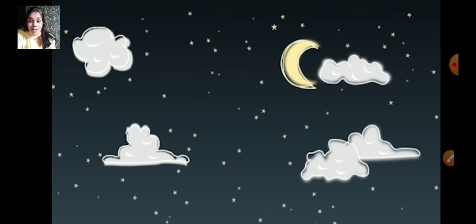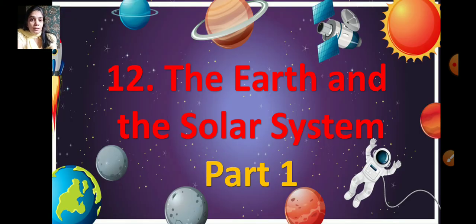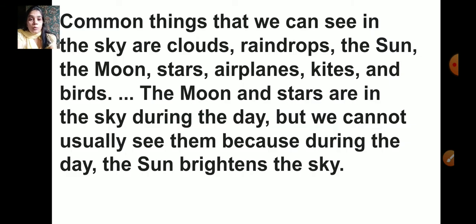Today we are going to learn all about the objects which we cannot see with our eyes, and all about the secret objects in space, in the lesson the Earth and the Solar System. Today we'll be starting with part 1. The common things that we see in the sky are clouds, raindrops, sun, moon, stars, airplanes, kites, and birds.